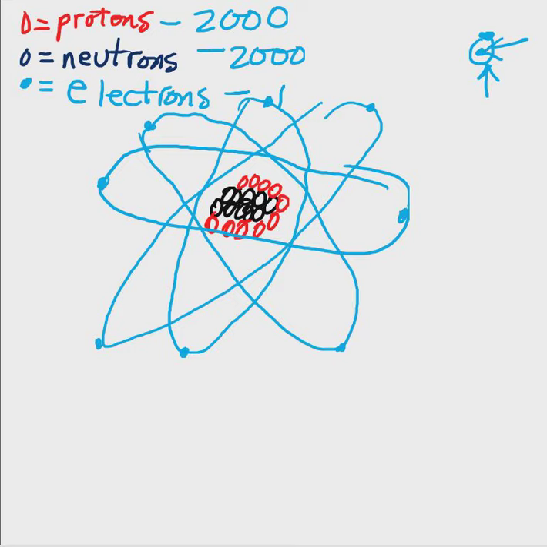But we use some variation of that to describe what an atom looks like. So we have our protons. I'm going to redraw that again.